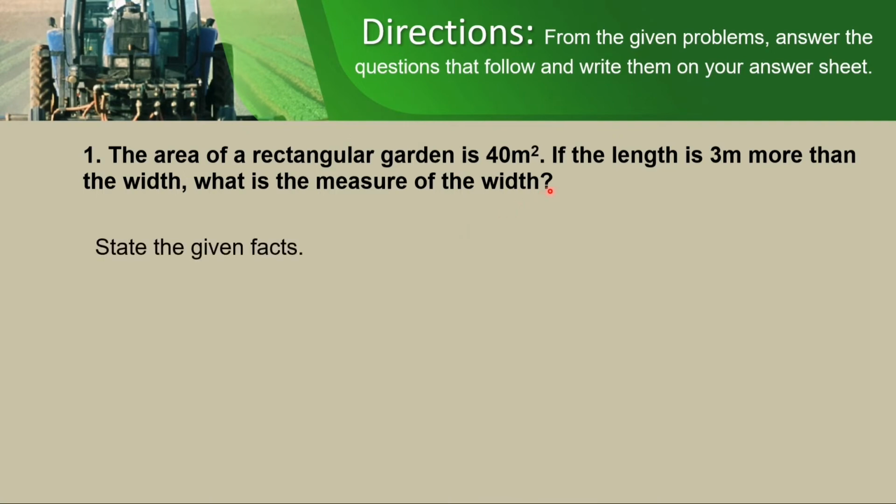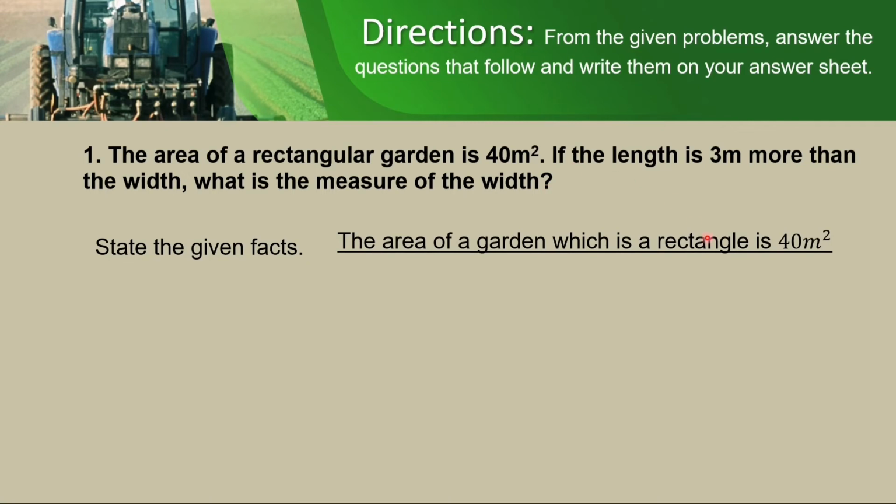So therefore, the given facts are 40 square meters, which is the area of the rectangular garden. And also the length is 3 more than the width. We missed to write the width.